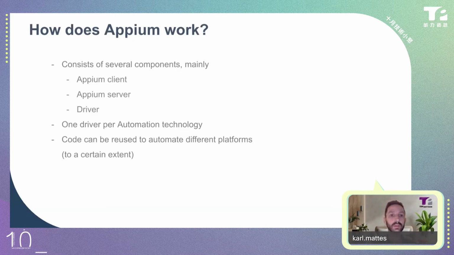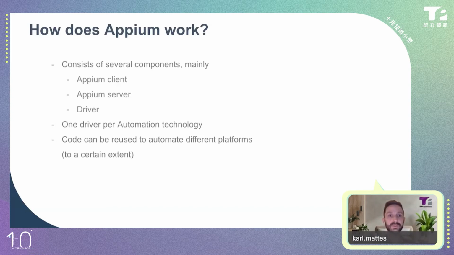So there's one driver for each platform, or to be more precise, there's one driver for each automation technology. For example, the Android platform has two automation technologies, like Android Espresso and UiAutomator2. So the task of this driver is basically the translation of the Appium API into automation commands for the automation technology that is used under the hood.